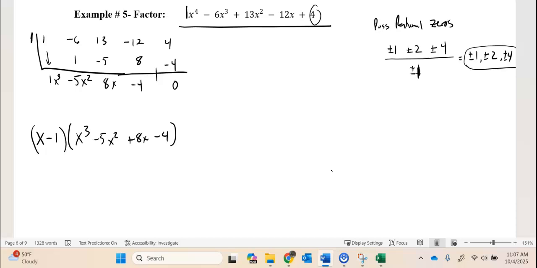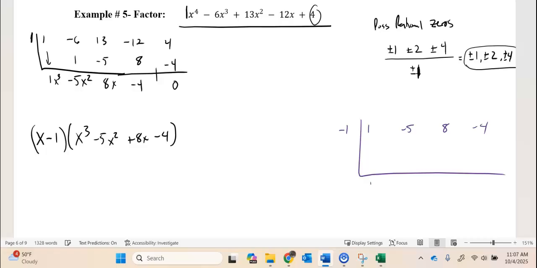So let's see what happens. I've got to do the synthetic division again. So I'm going to put these coefficients, 1, -5, 8, and -4, and see if I can find another factor. So what do you want to try? We know that 1 was a factor, so maybe -1 is.